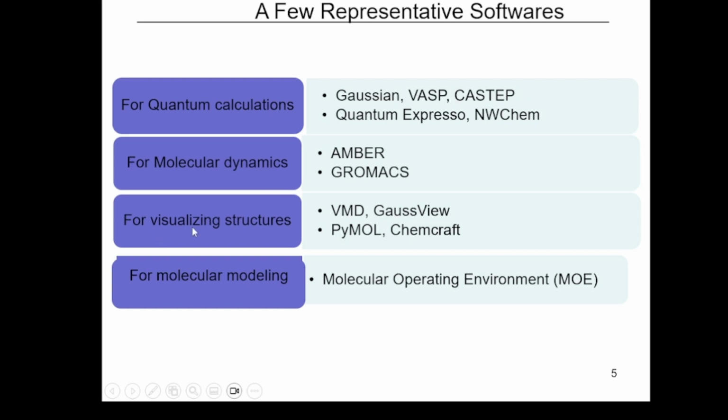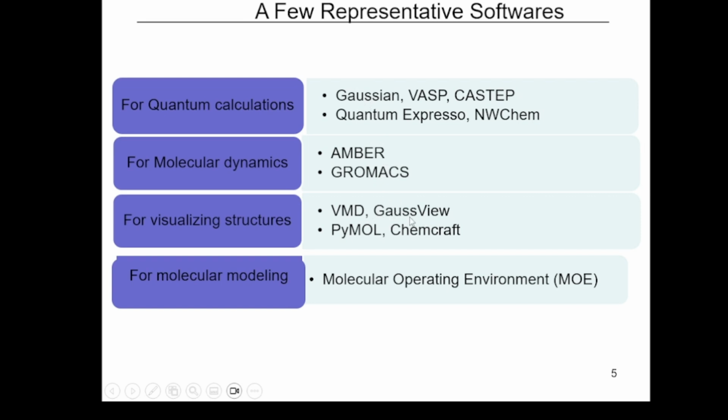For visualization of structures, we can use VMD, GaussView, PyMol, ChemCraft. These are the software which actually do not do any calculation, but they help in drawing the structure or visualizing the structures after calculation. For example, GaussView and Gaussian, they are complementary to each other. They are from the same incorporation, Gaussian Incorporation.